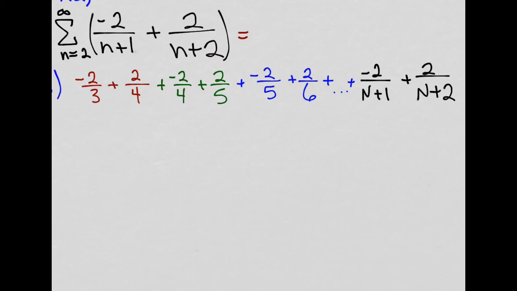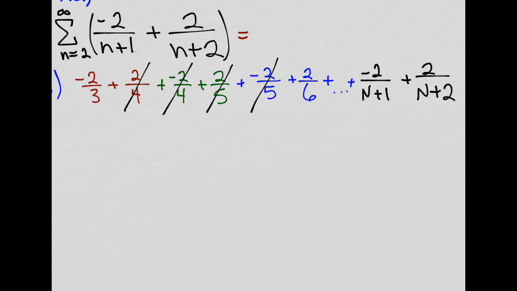Or I guess technically we won't have a last one because we're going out an infinite amount of terms, but here's our expression for them. So you'll notice that we can go through and say, oh, well, this 2/4 cancels with that negative 2/4. These 2/5 will cancel. The 2/6 are also going to end up canceling.